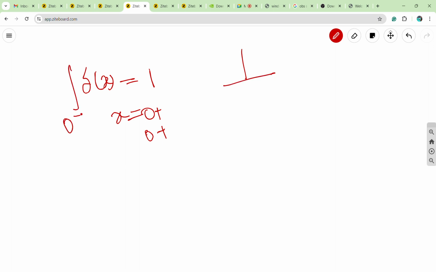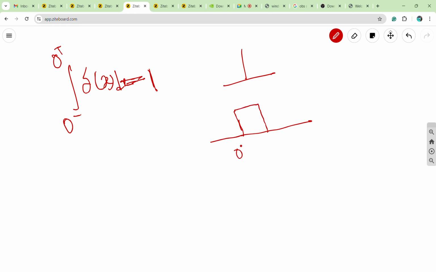Basically, if I take the integration from minus infinite to infinite dx, it becomes 1. That's the main definition of the delta function. So if we scale it up, within this particular area from 0 minus to 0 plus, if I integrate over it, it will become 1.